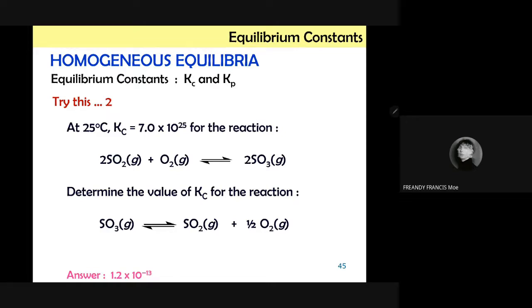So saya nak kamu cuba jawab contoh yang lebih kurang sama. Cuba jawab yang ini. So dekat sini dia dah bagi tahu jawapan dah. Try to answer this. Kalau dapat jawab, tulis dapat jawab dekat dalam chat box. So I give you 3 minutes, 3 to 5 minutes to answer these questions.